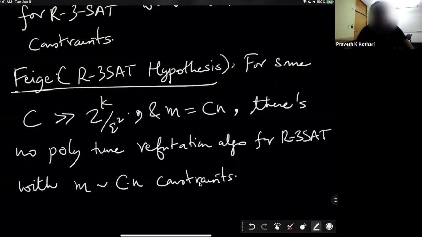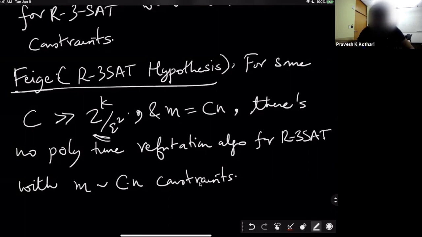He basically took this observation that nobody knew of an algorithm that worked when m was order n. And this is just the right constant that makes the instance's true value small. Certainly there cannot be a refutation algorithm if the instance is satisfiable. But Feige was saying something interesting.